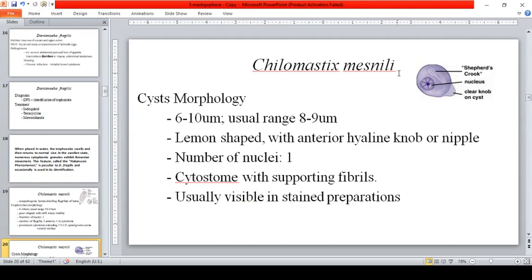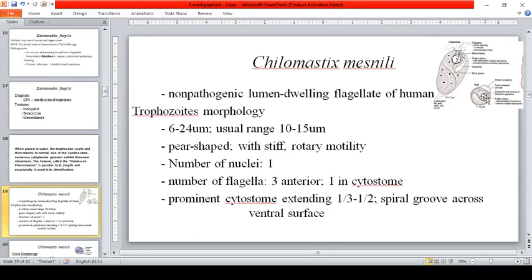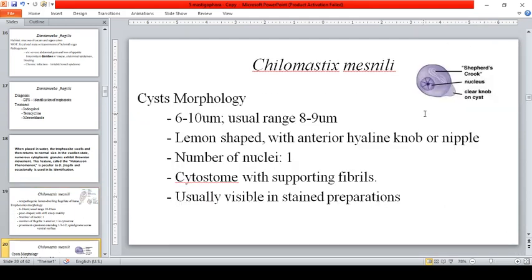Take note, the cyst of Chylomastix mesnili has the shepherd's crook, and it has a clear knob on the cyst. So the unstained part, the anterior projection, that is the clear knob; it does not take the stain.